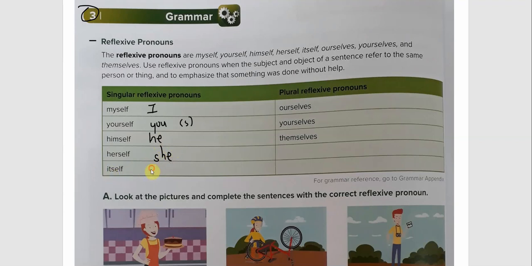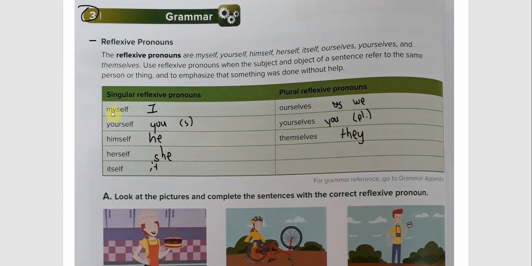And then itself, obviously, it. Ourselves, oh, sorry, not us. We is the subject. Yourselves is you, but it is plural. And themselves is for the subject they.